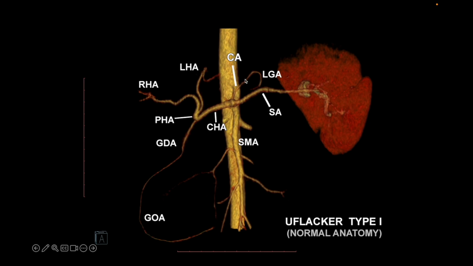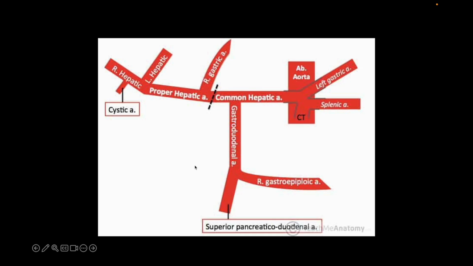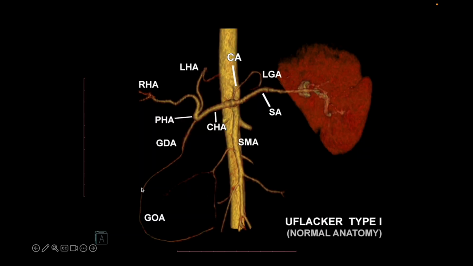So splenic artery, left gastric artery is coming here, common hepatic artery, gastroduodenal artery, hepatic artery proper, so that's PHA, and then that's got the left and right hepatic artery, and then you've got the gastroepiploic artery, which is this thing that runs like this and then supplies parts of the stomach.